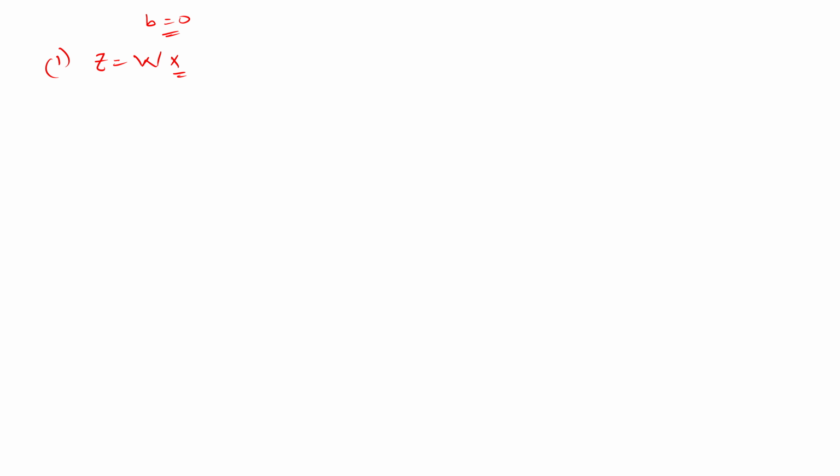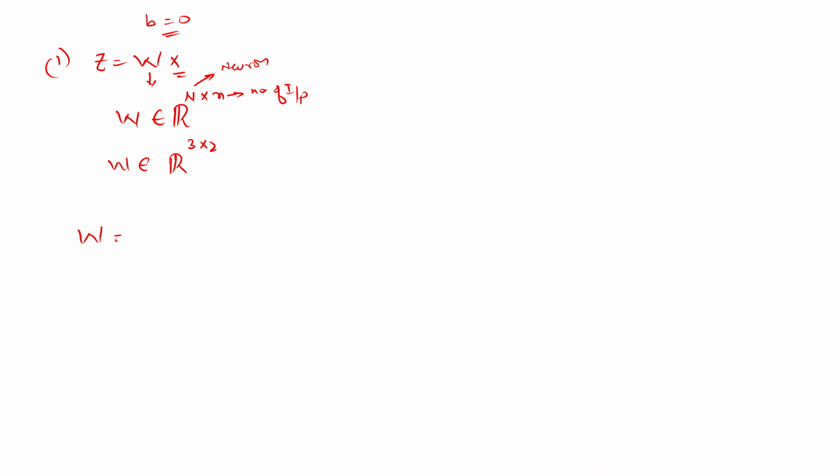So I have x. What is my w matrix? We saw this in the previous video. Its dimensions are like this: capital N is the number of neurons and small n is the number of inputs. So w will be a 3x2 matrix.